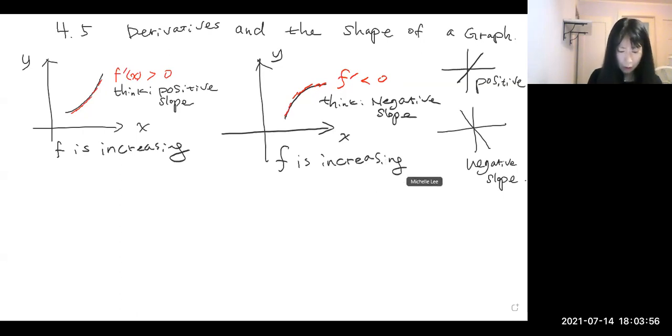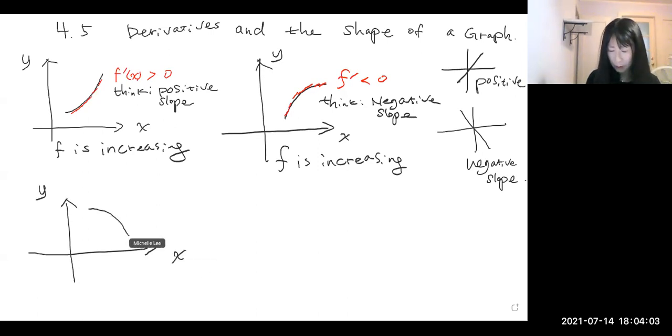Okay, how about this one? So we have a graph like that. Let me draw the slope. Then we say that the derivative of this function is less than 0, right? Because negative slope.